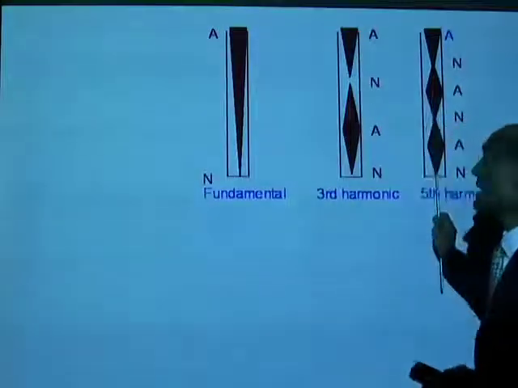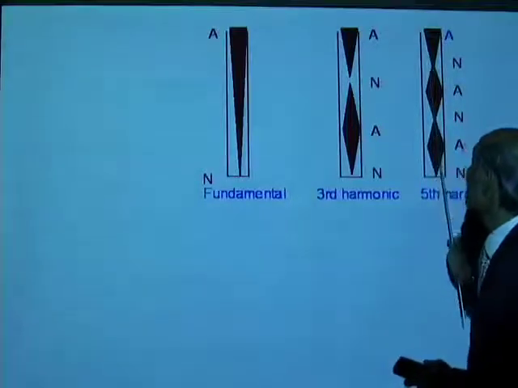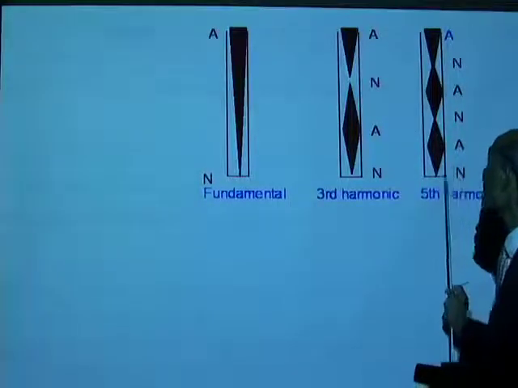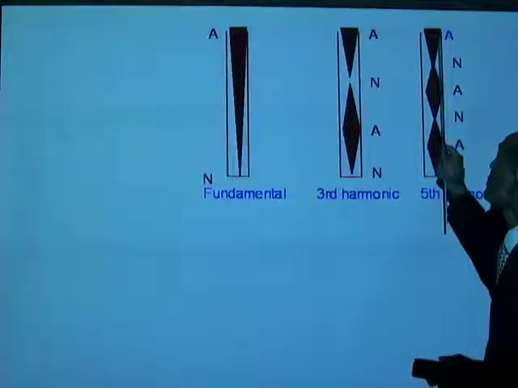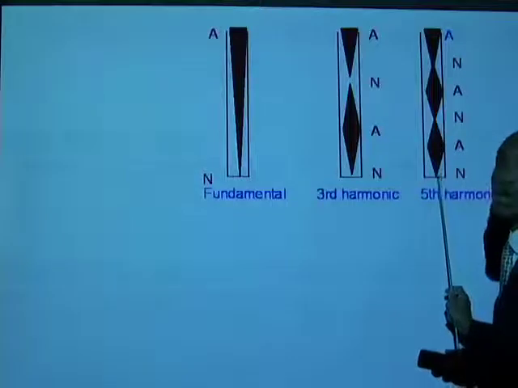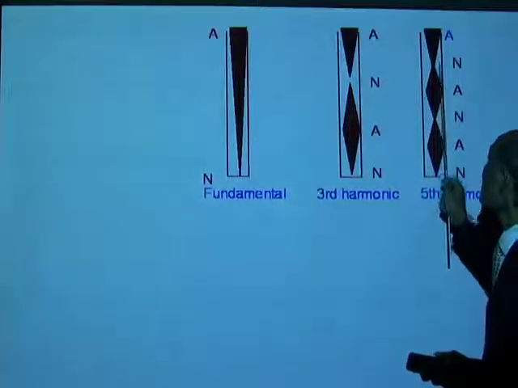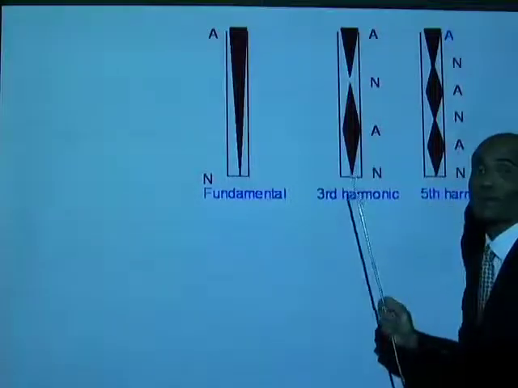Alright, if you now look at the diagram on the right, this is the third mode of vibration. In the third mode of vibration, of course you have an antinode at the mouth, a node at the closed end, then you have an antinode, node, antinode, node inside.